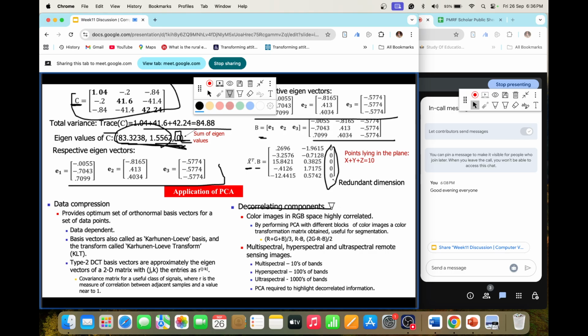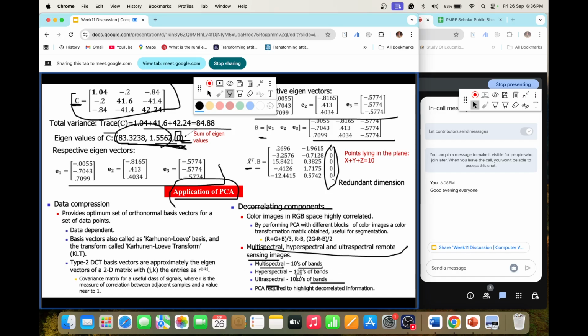Earlier, if some components were correlated with each other, once you perform PCA, all the components are decorrelated. Okay, so you can use that in multispectral, hyperspectral and ultraspectral remote sensing, because multispectral means you have tens of bands, hyperspectral hundreds of bands, ultraspectral thousands of bands.